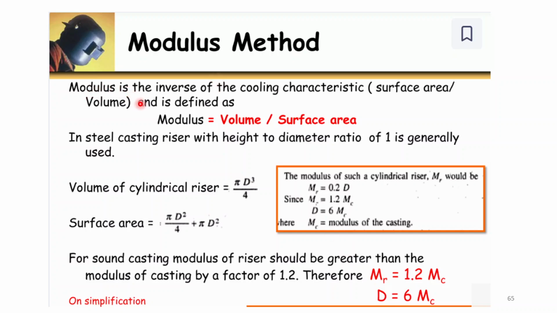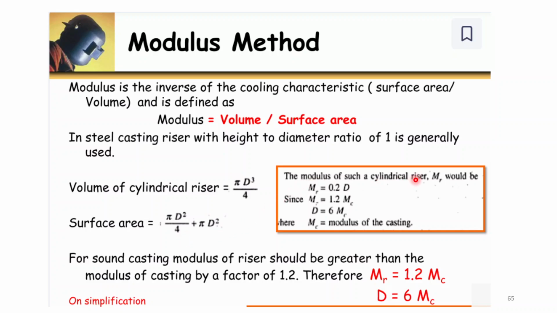Next you have the modulus method. In this case, modulus is simply the inverse of the cooling characteristic. The cooling characteristic was surface area upon volume, and modulus is defined as volume upon surface area. In steel casting, a riser with a height to diameter ratio of 1 is generally used, and the volume of a cylindrical riser will be pi d cubed upon 4, and surface area will be pi d squared upon 4 plus pi d squared.